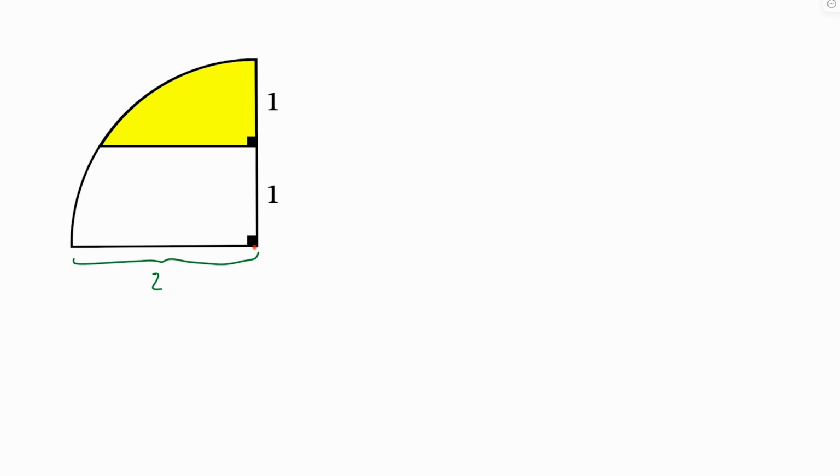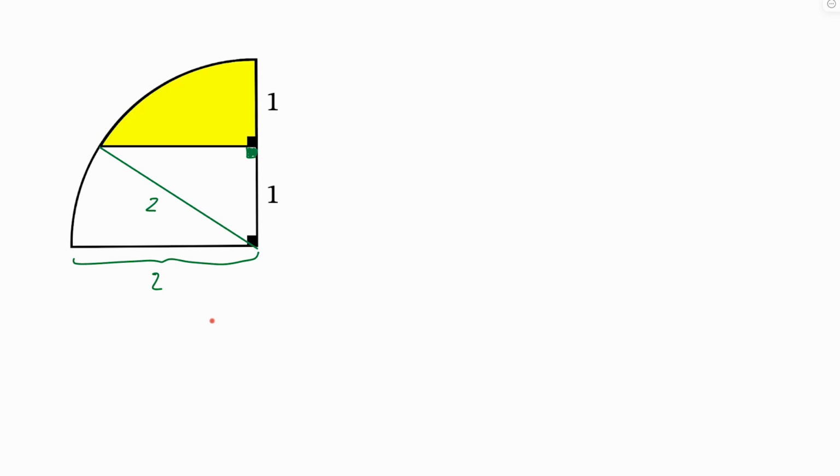If we draw a line from the center of this quarter circle to the circumference, this segment will also be 2, and we have a right triangle. We have a right angle here because this is a straight angle, and you can see that this segment is half the length of this hypotenuse.